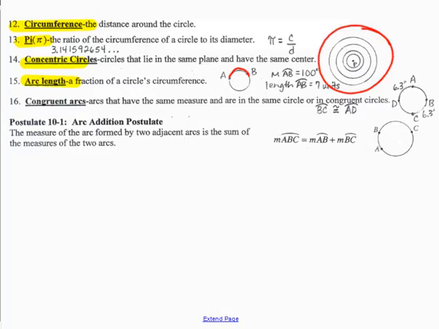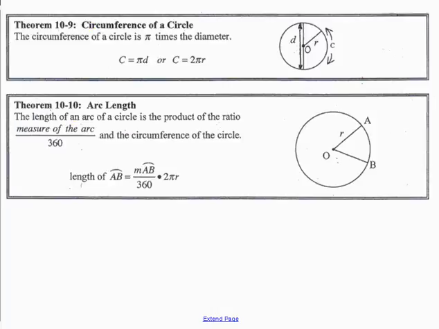So we have an arc addition postulate. Oh gosh, we've seen that before. We've seen angle addition and segment addition. That just means that arc AB plus arc BC equals arc ABC. These are two formulas that you're going to have to remember.